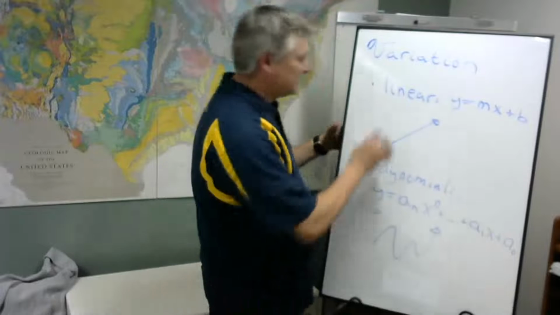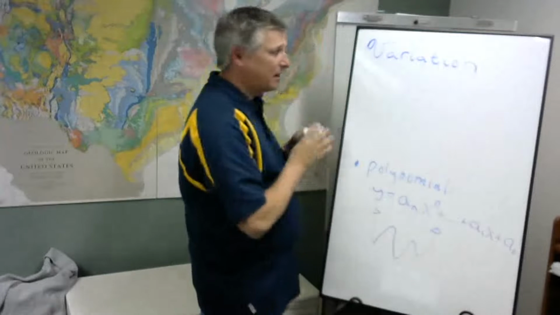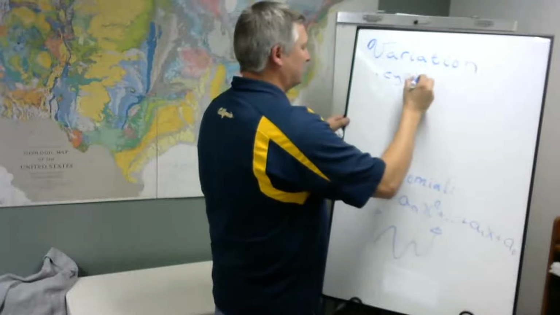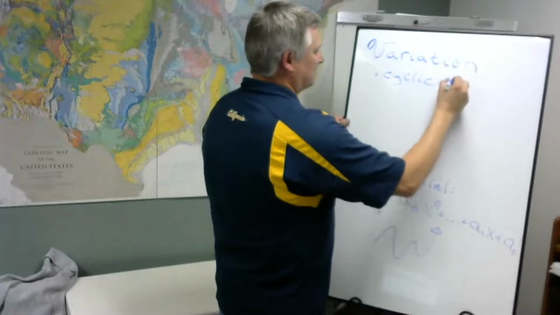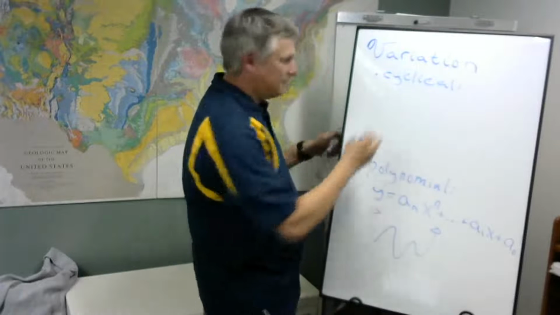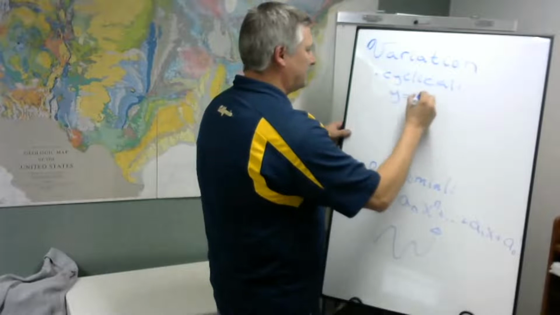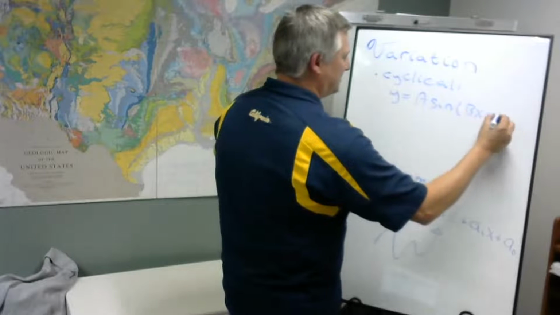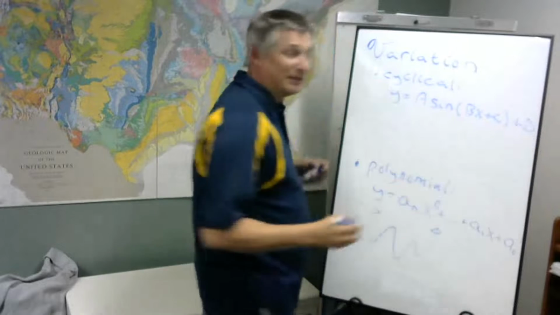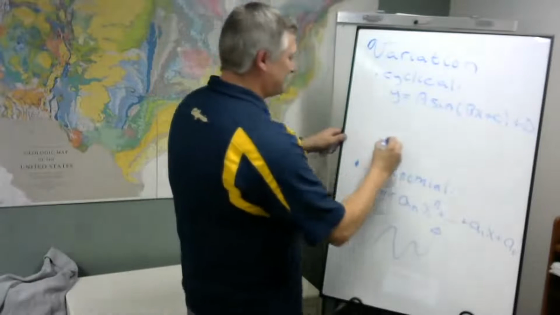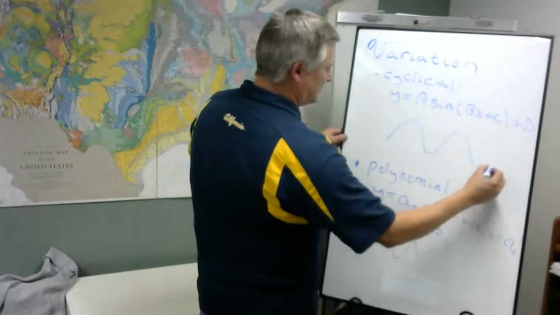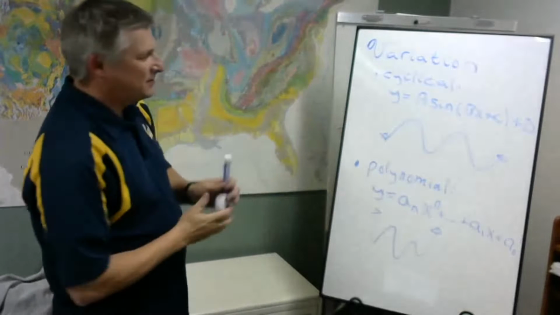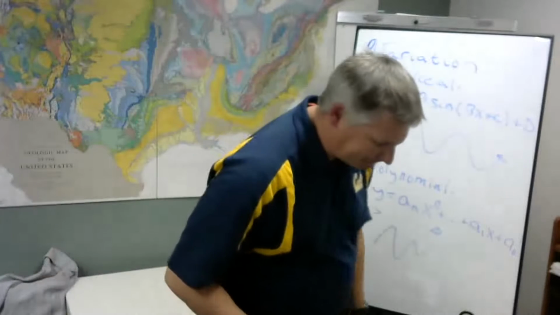We could do something that's cyclical, and we'll talk about this in trigonometry. So say y equals a sine of bx plus c, plus d. And we'll get some sine wave that's doing something like this. So we could have something that's cyclical in nature.